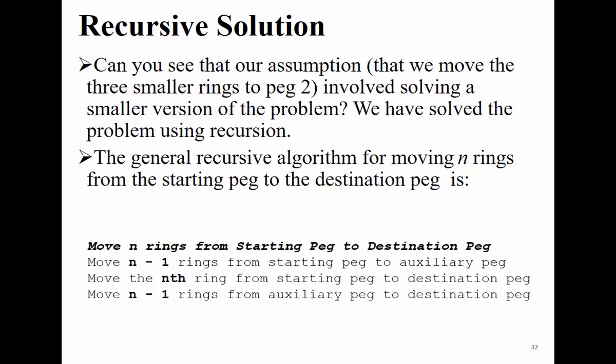So we reduce the problem and we redefine the problem in terms of itself. That is recursion. We start with the problem of moving n rings from the source to the destination. We redefine the problem: we move n minus 1 from the source to the auxiliary, then we move the nth ring to the destination, and then we have another problem, which is n minus 1 in terms of size. We have n minus 1 rings on the auxiliary. Our task is taking them from the auxiliary and putting them on the destination.